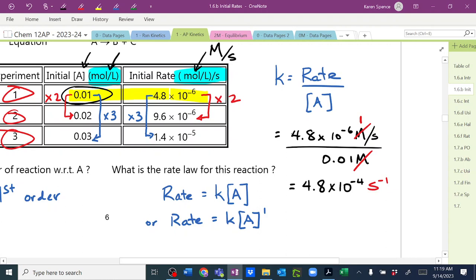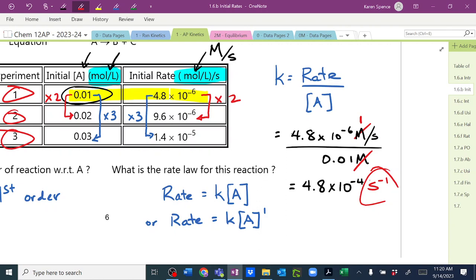Like AP, you never know. Some years you get this, some years you get that. You got to know it all, okay? They want you to be able to find the unit of the rate constant. Well, you just solve for K and put in the units, and it will sort itself out, and you'll find your units.